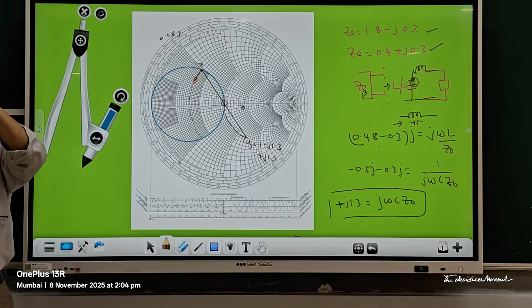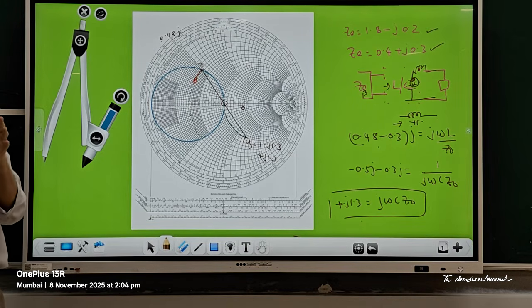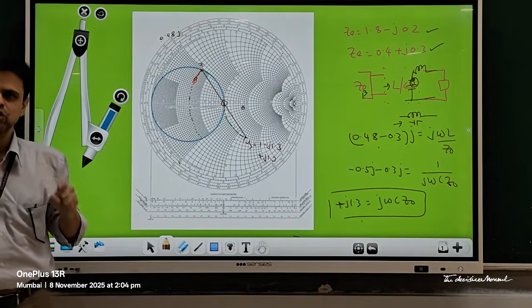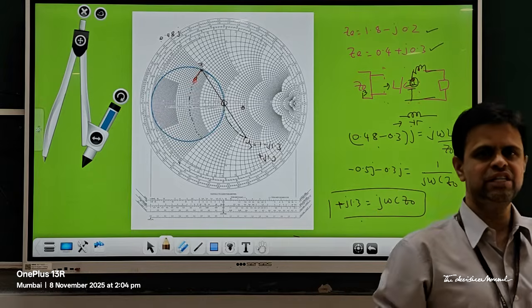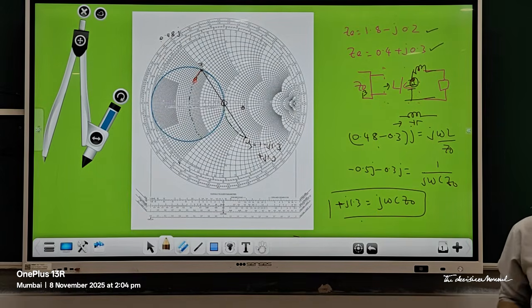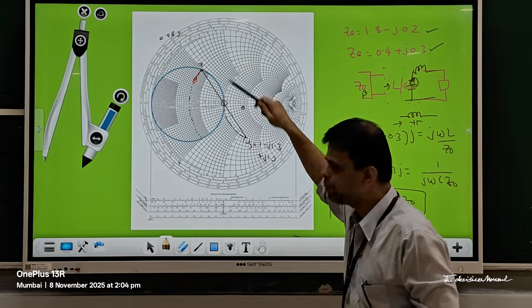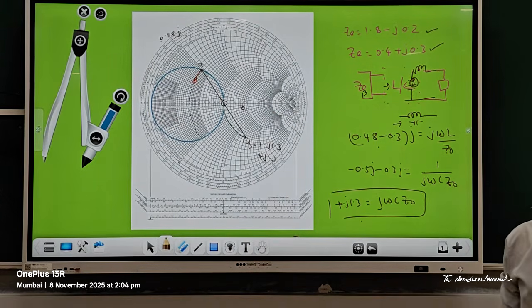So you need to add minus JB to negate that and make Y equal to 1. Minus JB susceptance equals minus J Z naught upon omega L. That is a parallel inductor. Parallel inductors, as I mentioned right in the beginning, are not allowed. Hence we are not going to take the other route. We are going to take the upper route where you add an inductor first and then the capacitor.